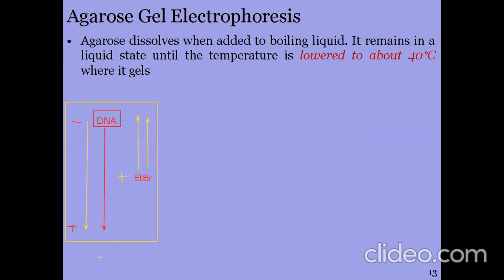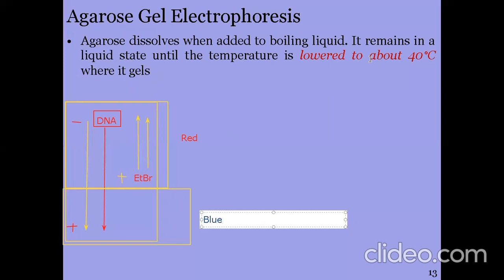So at the end of the running of the gel, if we run this gel for half the time, you can observe one visible change, and that is this half of the gel will be red.